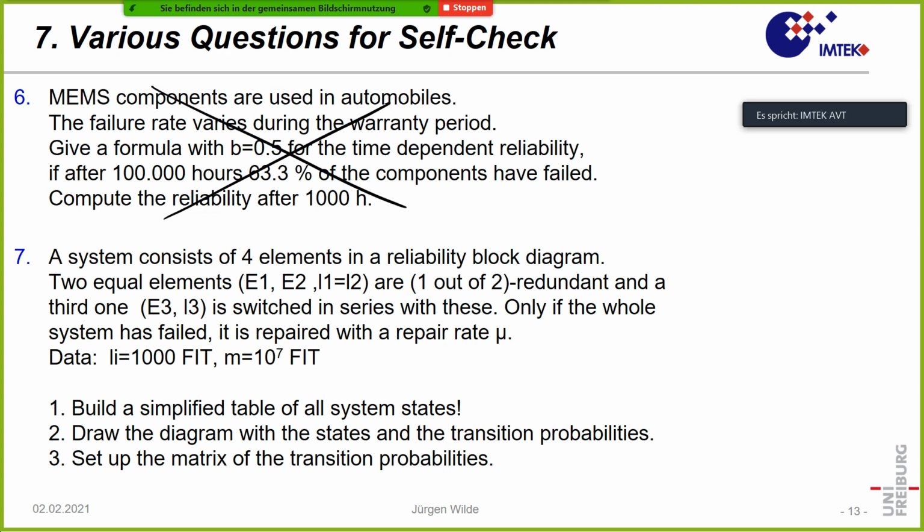A system consists of 4 elements in a reliability block diagram. 2 equal elements are 1 out of 2 redundant, and the third one is switched in series with these. Only if the whole system has failed, it is repaired with a repair rate of μ.